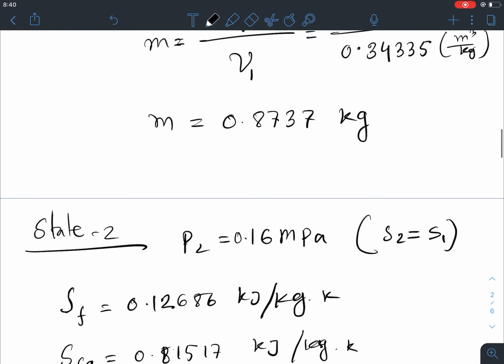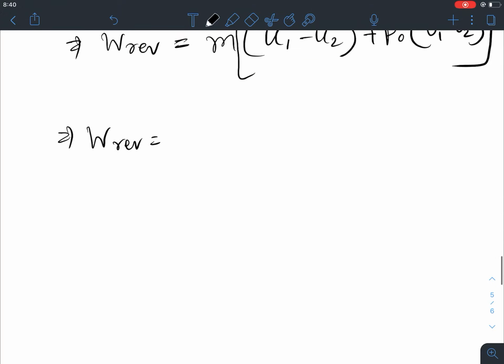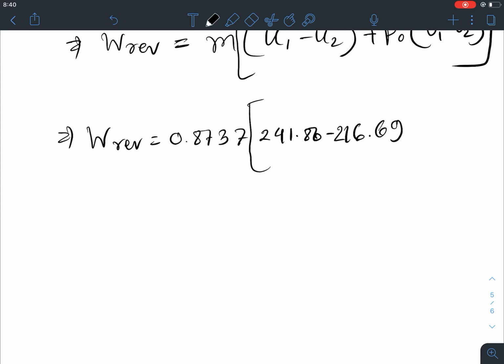So let's just plug in all those values. W reversible equals the mass, 0.8737, times the internal energy we got at state 1, 241.86, minus 216.69, right?